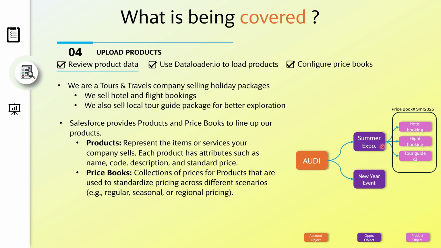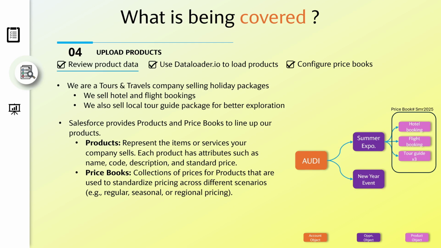So our sales representatives can be accessing these summer packages tied to a specific price book, right? So all these particular products are tied to a price book. So if we disable this price book, none of our executives will be able to sell any of these products to any of our clients.